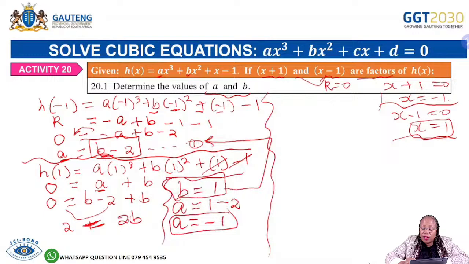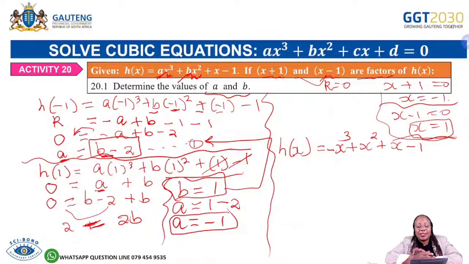That means the real equation for our h at x will be ax cubed, a is minus 1, then it will be minus x cubed, plus bx squared, b is 1, that means it will be plus 1x squared. Remember there is a 1 coefficient which we don't normally write, plus x minus 1. So that is your h at x function.